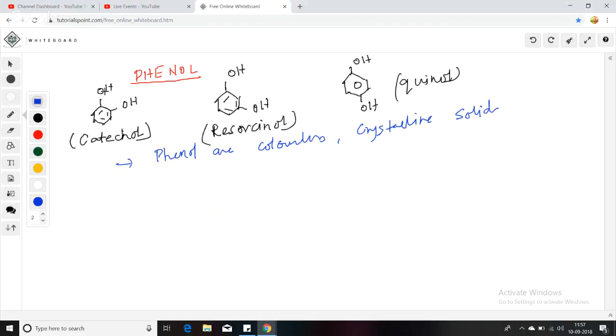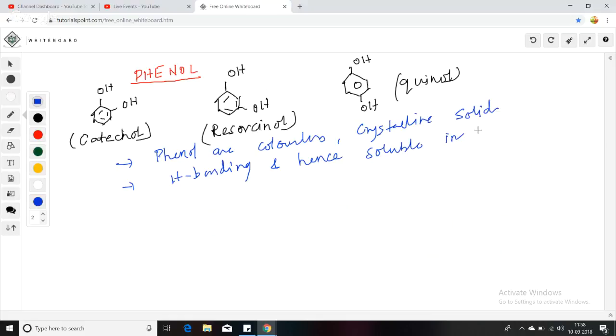Since we have OH bond present here, these are capable of forming hydrogen bonding, and hence soluble in water.